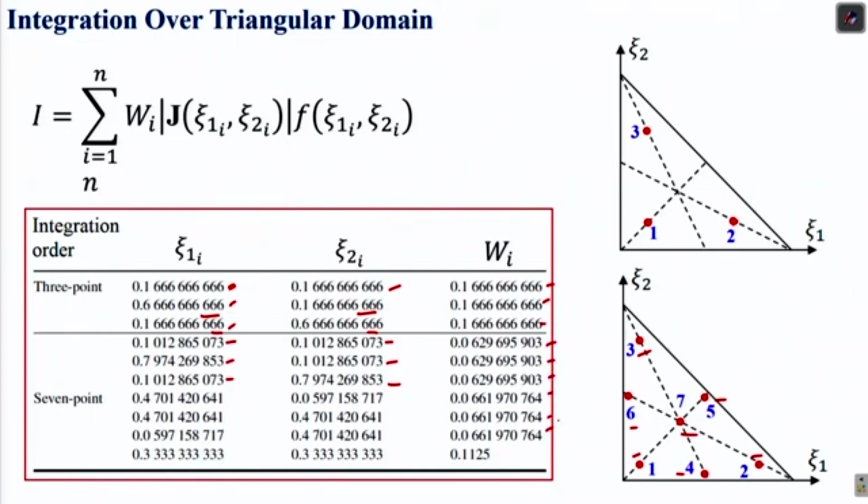Okay. Now the rest is simple. We need to calculate the function values. Any function we need to integrate, at these integration points, multiply by their weight. Jacobian we know, the transformation between the physical domain and the natural, parametric domain, get the integration.